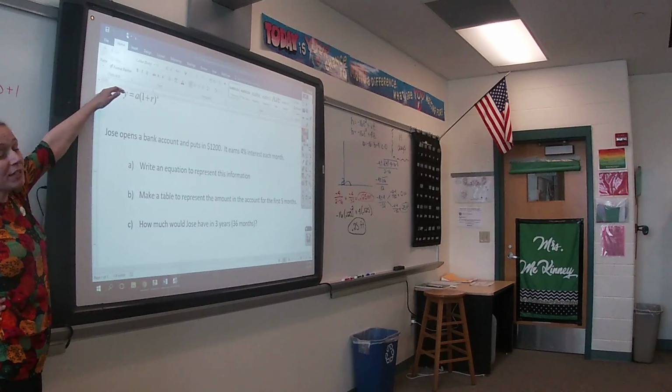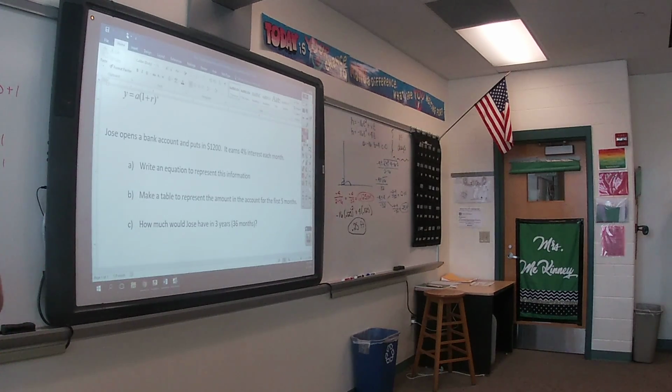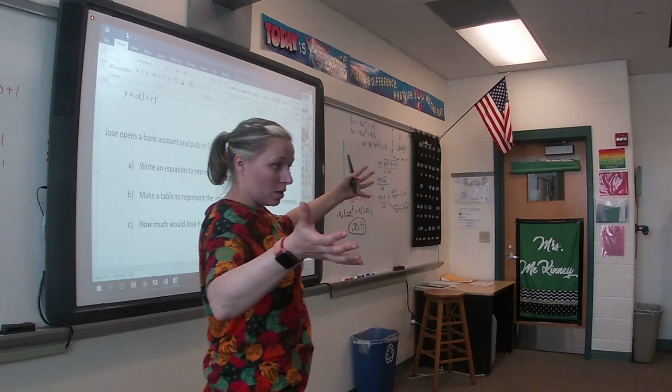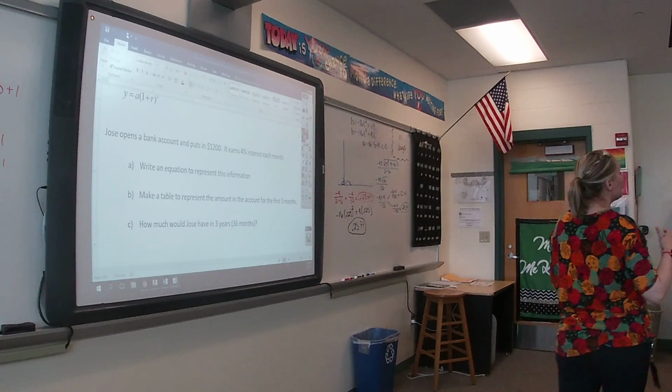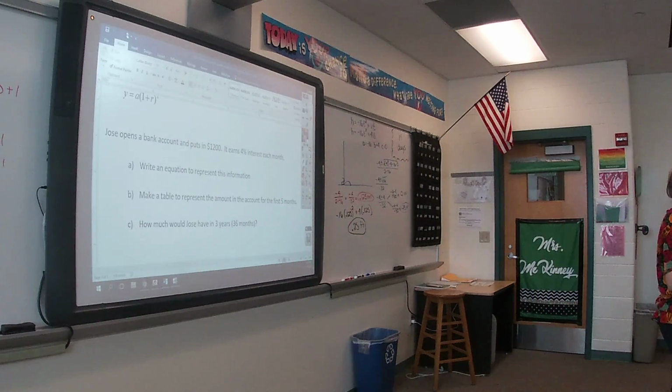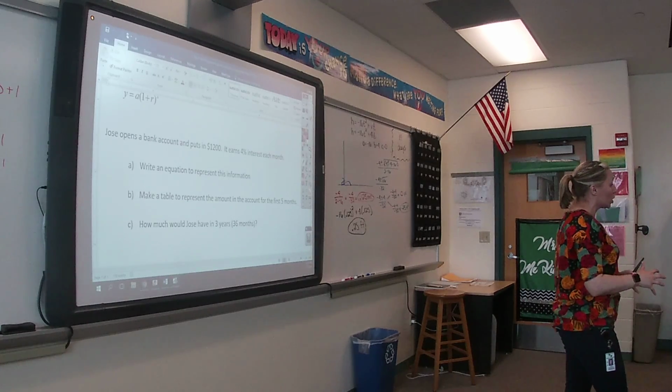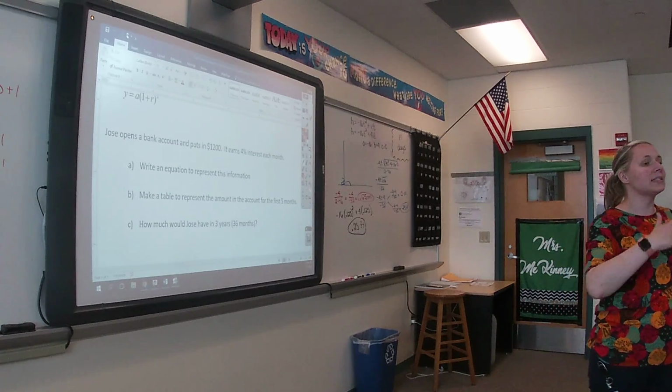Okay, so if we are dealing with exponential growth, that means that we are talking about something growing or getting larger. Now it can't just be anything that's getting larger. It has to be getting larger at a non-constant rate.